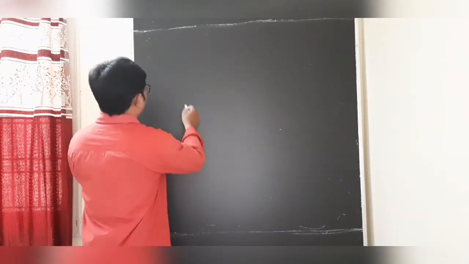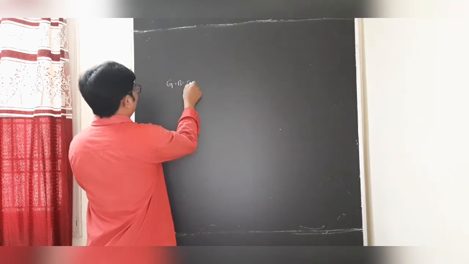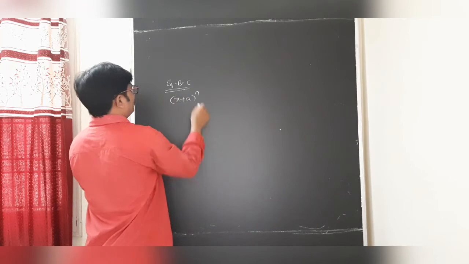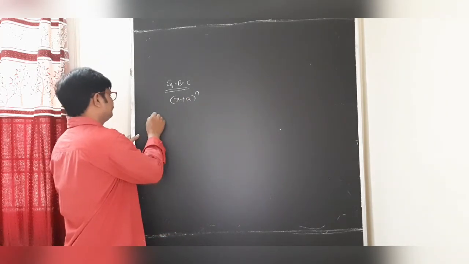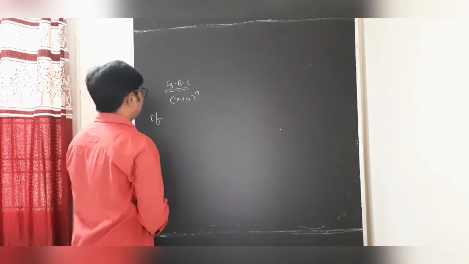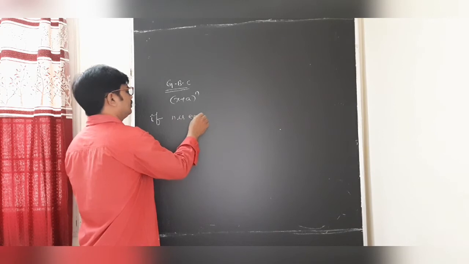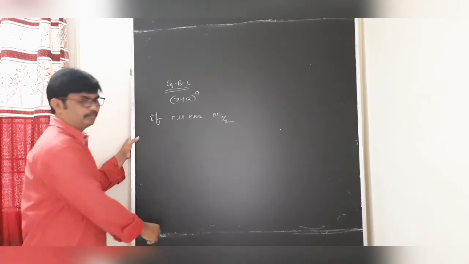My dear students, greatest binomial coefficients in the expansion of (x plus a) whole power n. So, students, if n is even, the greatest binomial coefficient is nC(n by 2).